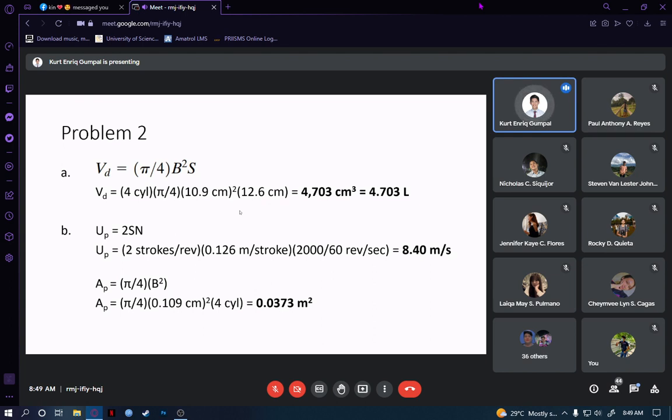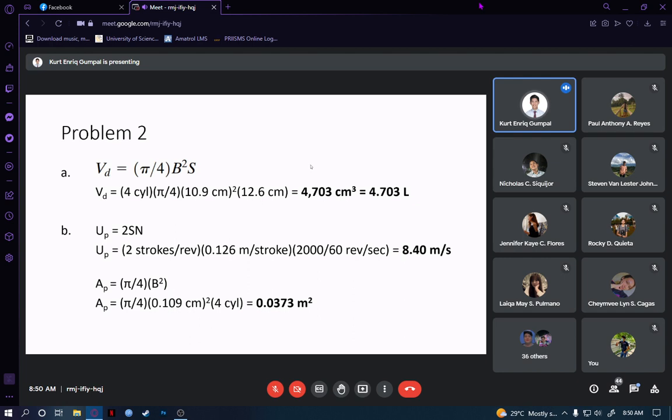Your N is the number of revolutions per second. Kaya ang imong speed dapat in terms of meters per second. So that is 2 strokes times 0.126, that is your 12.6 cm stroke, times 2,000, which is the speed of your engine, 2,000 divided by 60 revolutions per second. Now, using direct substitution, the answer would be 8.40 meters per second.